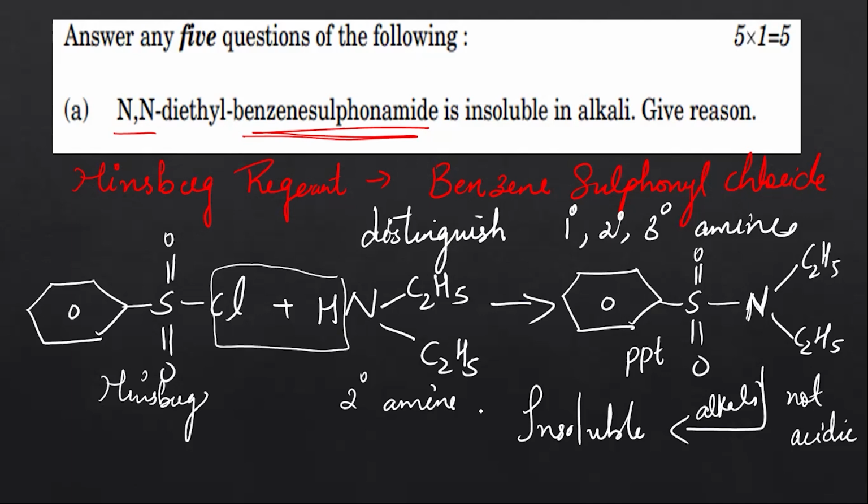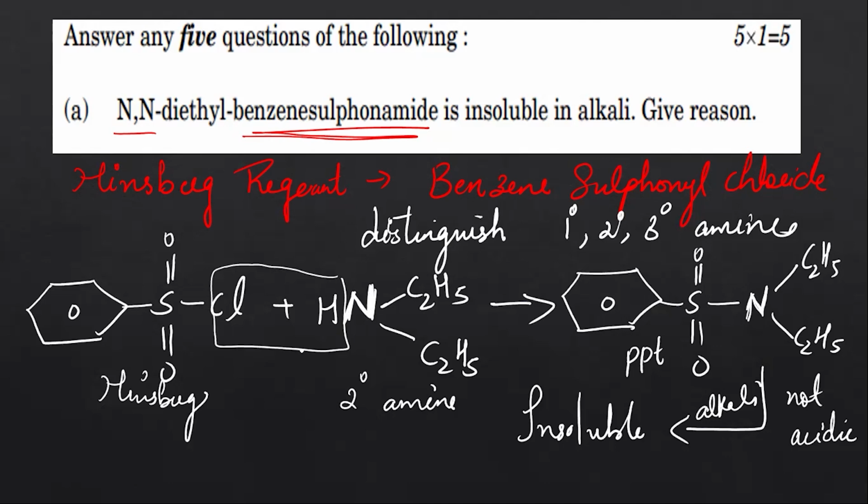In the case of secondary amine, a precipitate will form, but since it has no hydrogen on the nitrogen atom, it is insoluble in the alkali. And in the case of tertiary amine, there is no reaction, because tertiary amine has no hydrogen atom, so it does not react with Hinsberg reagent. So that is the test.